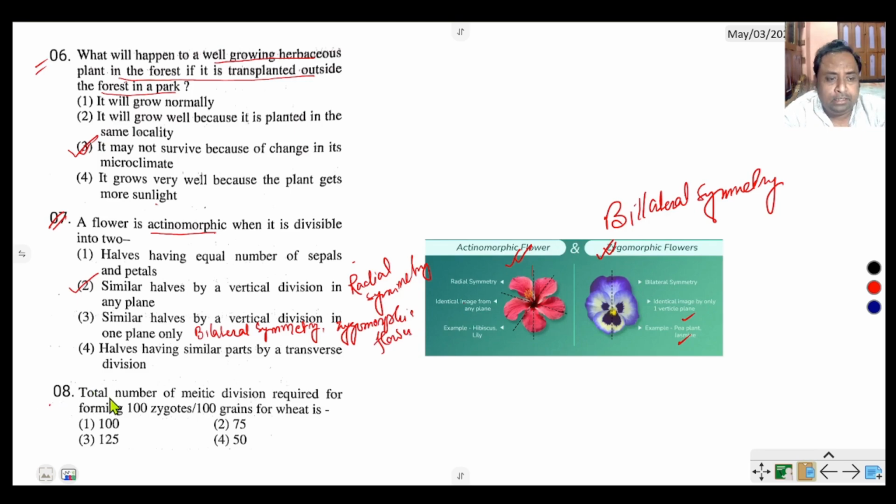Question number 8. Total number of meiotic divisions required for forming 100 zygotes or 100 grains of wheat.